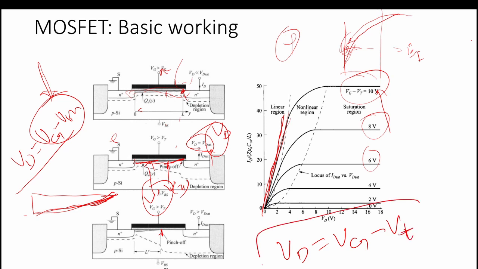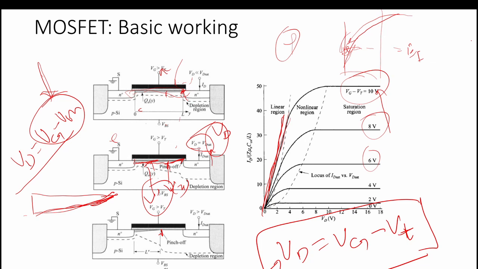When we apply this much voltage, the channel will be pinched off just at the junction.